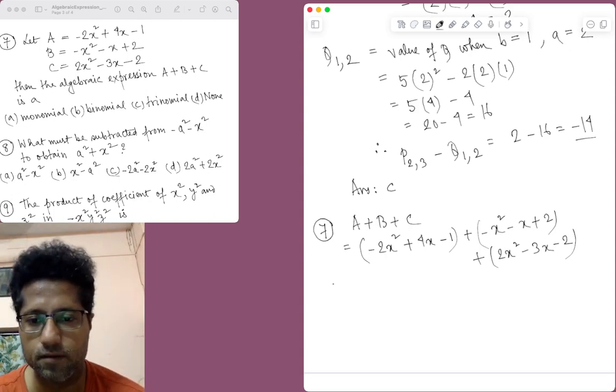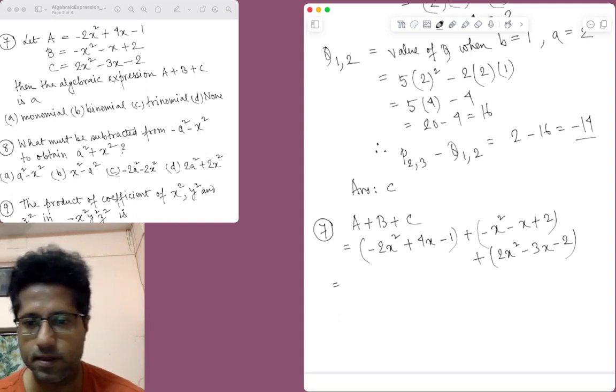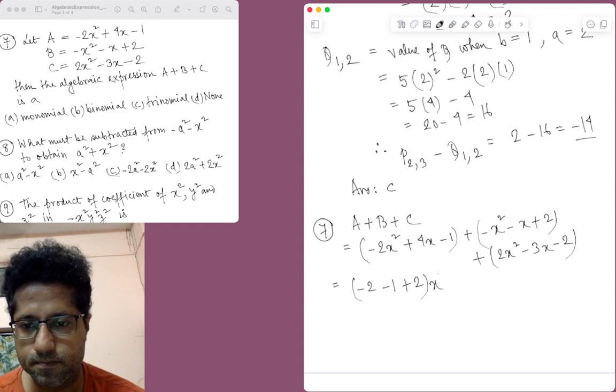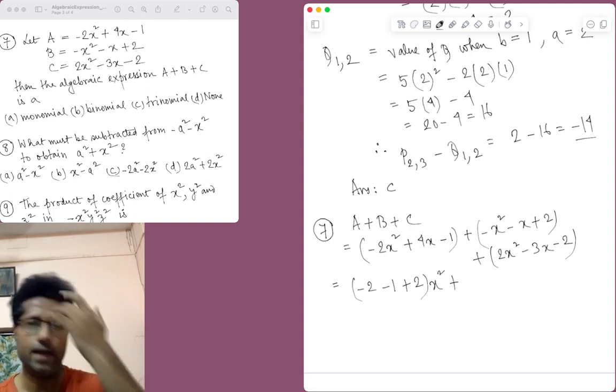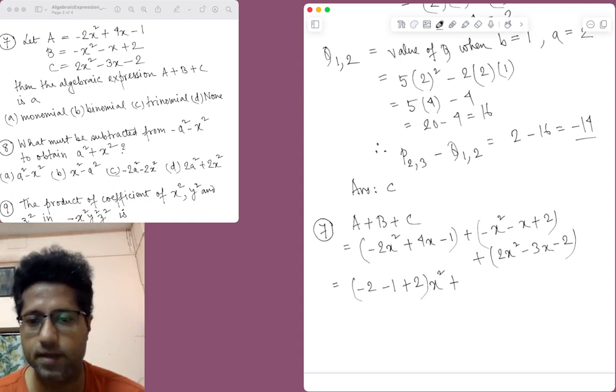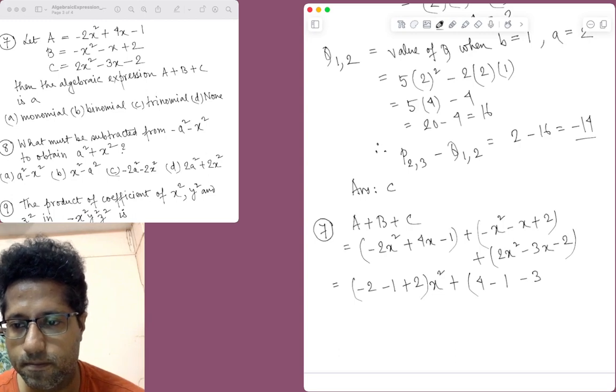So, if I combine the like terms with literal coefficient x square, I get minus 2, we just add the coefficients: minus 2, minus 1, plus 2, x square. If we add the like terms having the literal coefficient x, we get 4 minus 1 minus 3, x.